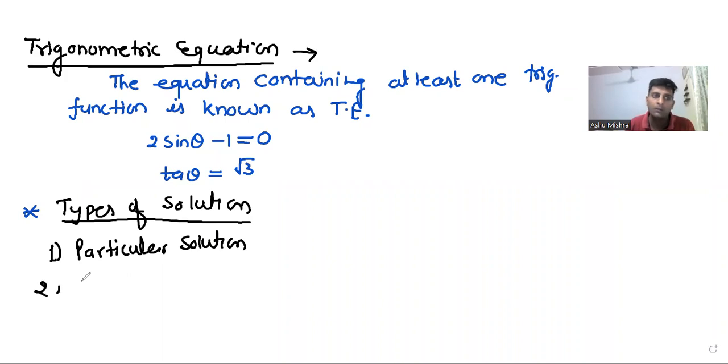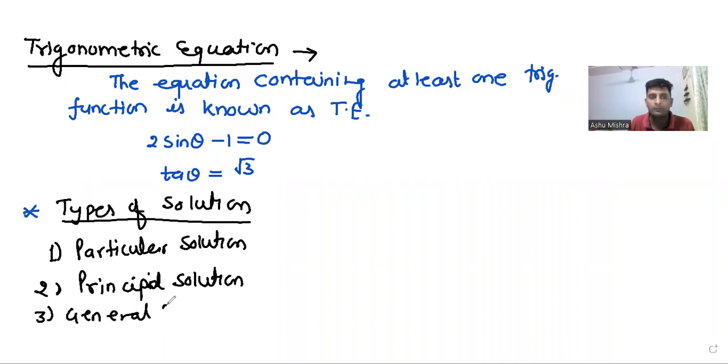The second one is your principal solution. And the third one is your general solution.